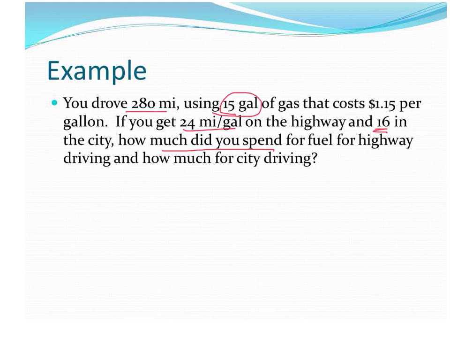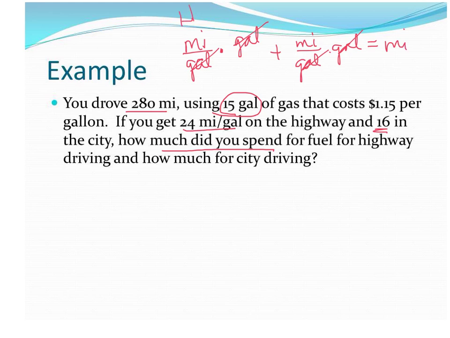Let's see if maybe we can set up an equation. If you look at it this way, miles per gallon times gallons is going to cancel those gallons. It's going to leave me in miles. So if I want an answer strictly in miles, I'm going to do this twice, because I'm going to have highway and I'm going to have city.